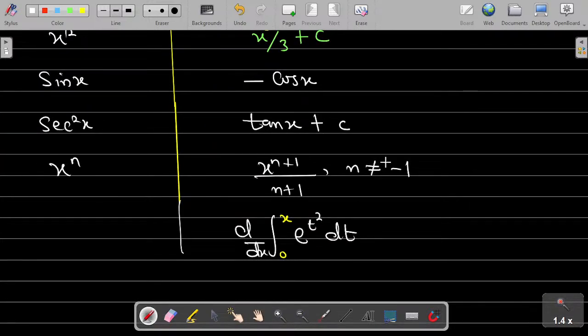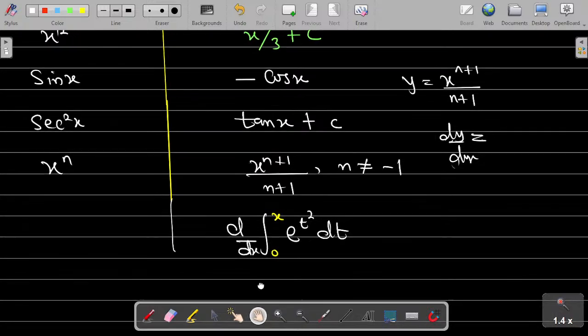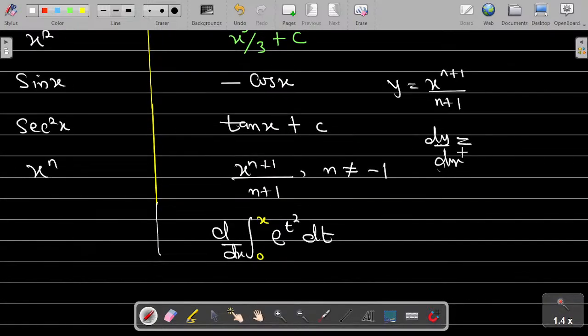So let's assume that our y is equal to x raised to the power of n plus 1 all over n plus 1. And we want to differentiate this. So that means our dy dx is going to be equal to, remember the approach for differentiation says that you should remove 1 from the power.